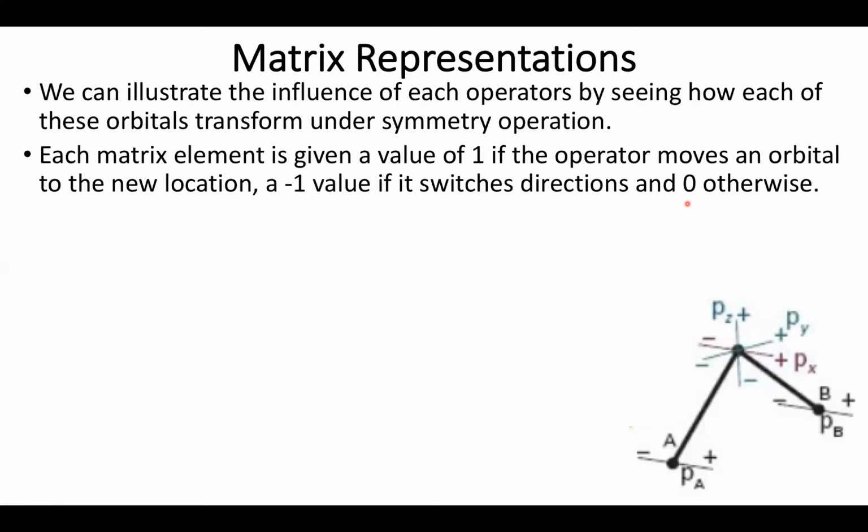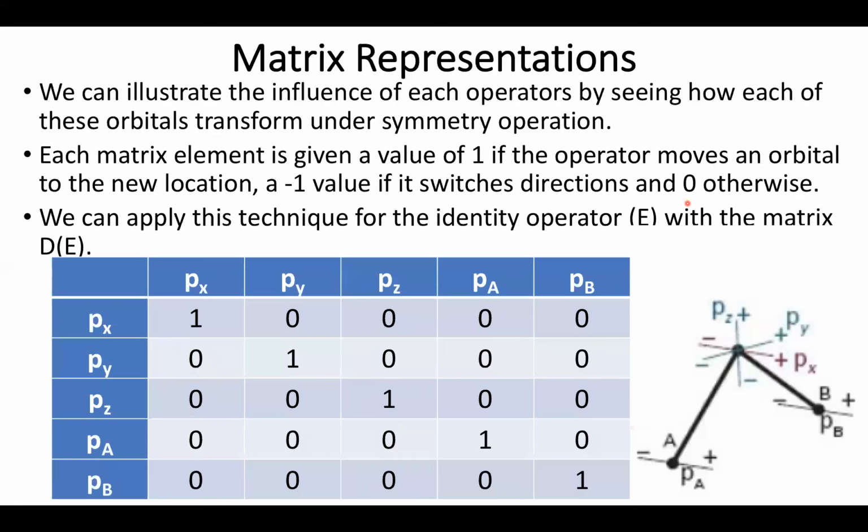So for this, we're going to have to apply all 4 of our operators. So let's start with an easy one. What about the identity operator? So this is going to have its own matrix representation, which we're going to give the name DE. And more or less what happens is I give the element of 1 if the orbital is conserved in its original place, which, because it's the identity matrix, nobody moves, nobody changes direction, because I did nothing.